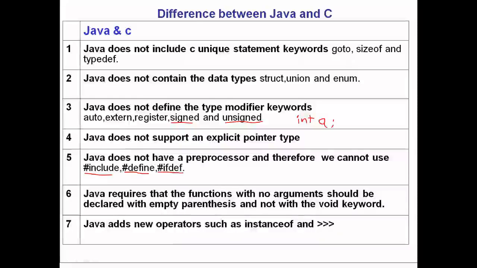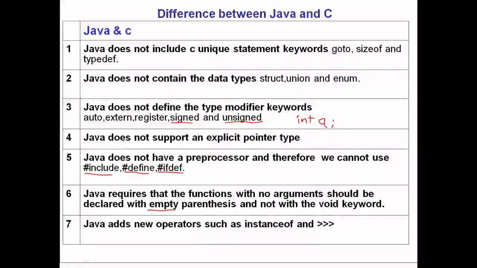Next is Java requires that the function with no argument should be declared with empty parenthesis and not with the void keyword.